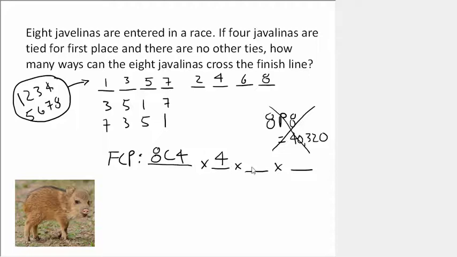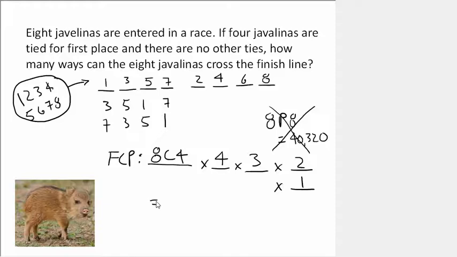Because this part is like a permutation, we can't have repetition. So in the next slot, there will be only 3 choices. And then in the next slot, only 2 choices. And I left off one, I'm sorry. The last choice, there'll be only 1 javelina left to choose. There's our answer.